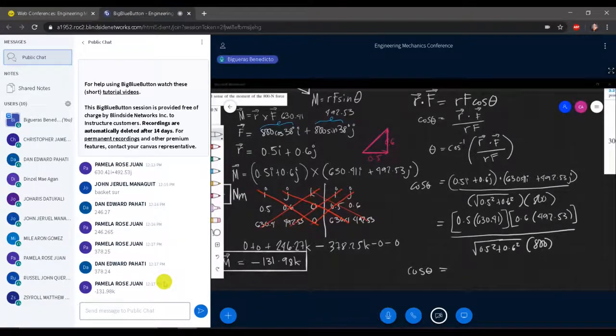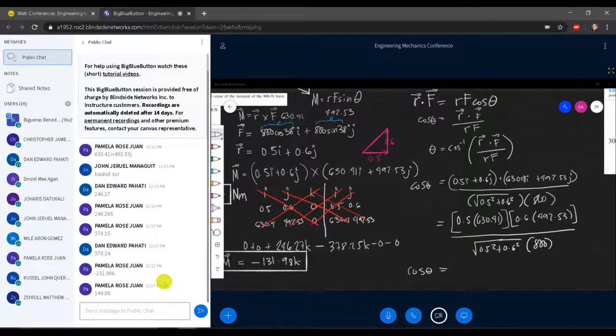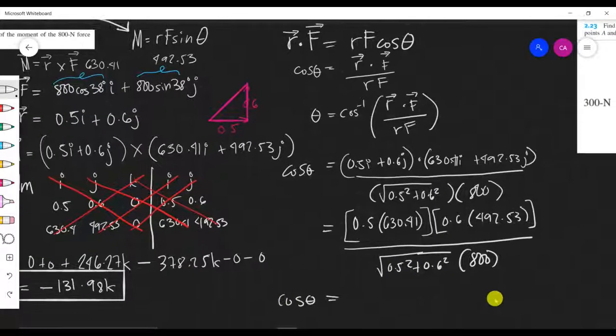Parang nag-error sa akin. Nag-error din ba sa inyo? Okay. Ang mali ko pala, sorry, sabi ko na mali ako.